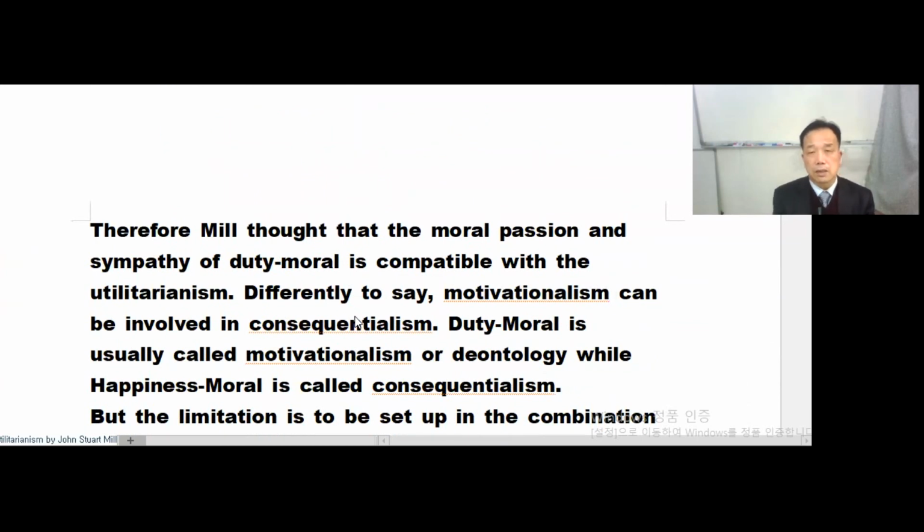Therefore, Mill thought that moral passion and the sense of moral duty are compatible with utilitarianism. In other words, motivationalism can be involved in consequentialism. Duty morality is usually called motivationalism or deontology, while happiness morality is called consequentialism.